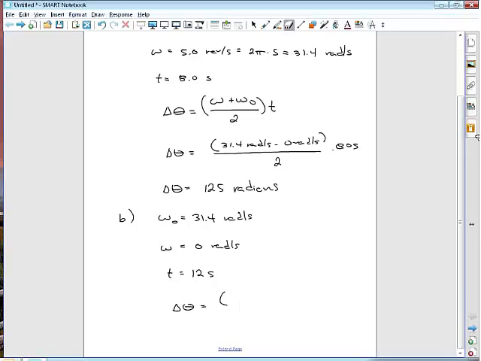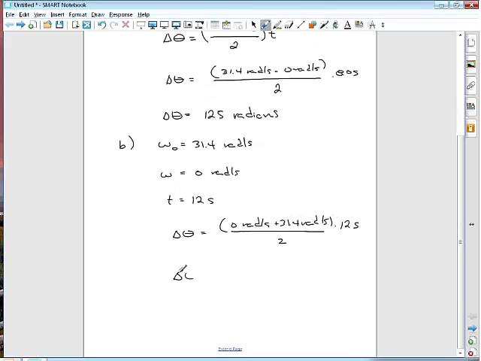Actually, omega is 0, so that is correct. 0 radians per second plus 31.4 radians per second divided by 2 times the time, which in this case is 12 seconds. And so the change in angle theta when it slows down, 31.4 times 12 divided by 2, is 188 radians.